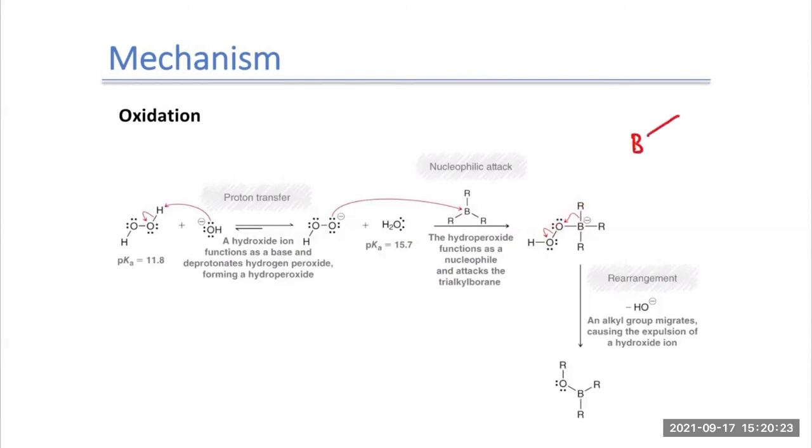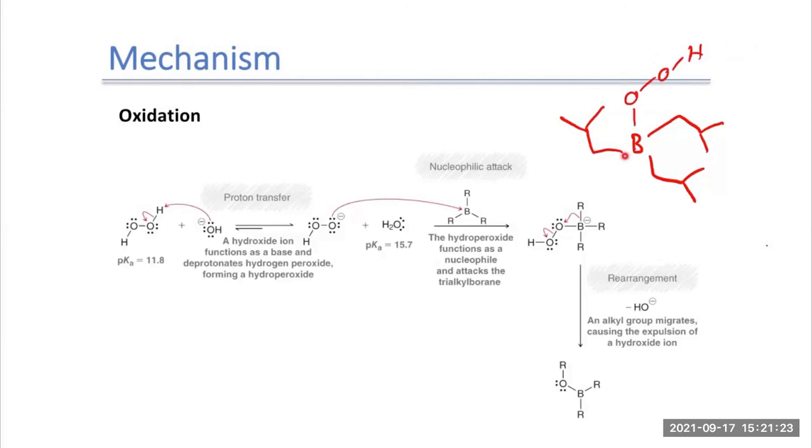So if we think about that trialkyl borane that we drew on the other page, you'll have your group here, and then you'll have your peroxide will come and attack that boron to give us this compound here.